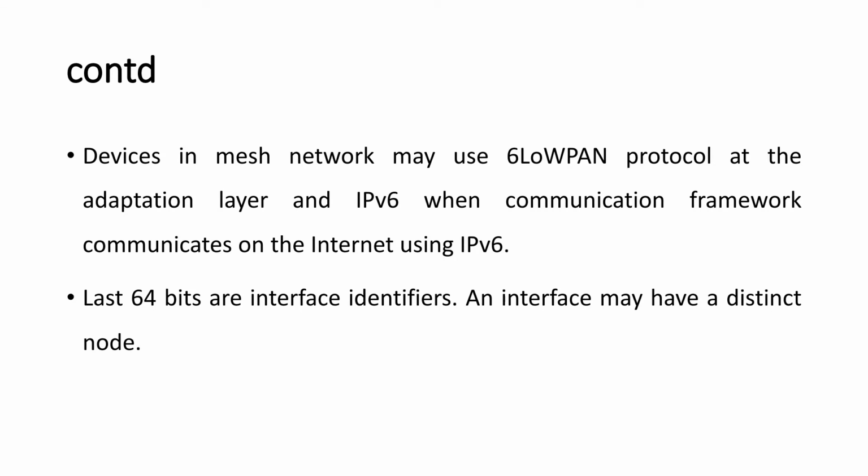The devices in the mesh network use the 6LoWPAN protocol, low power personal area network, at the adaptation layer, and the communication framework communicates on the internet using IP version 6. The last 64 bits are interface identifiers, the interface which may have a distinct node.